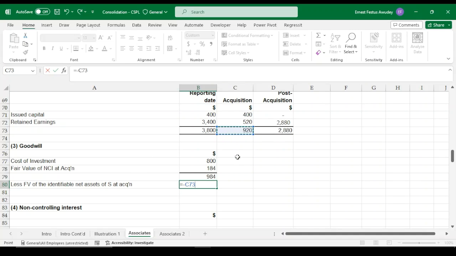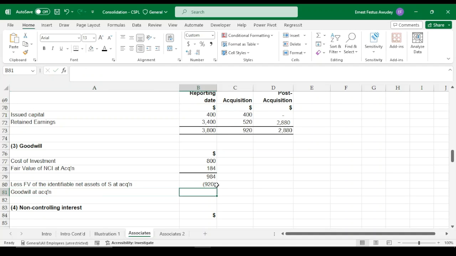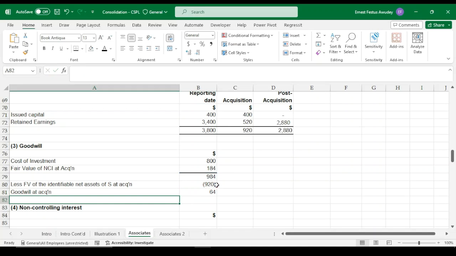This is the value we are talking about. So we are going to subtract that from our total here. Okay, so this is the amount you have paid to acquire S, and this is the fair value of S. So the difference, the positive difference becomes our goodwill at acquisition date. Whenever I said at acquisition, I mean acquisition date. All right, and then I'm going to add these two together.